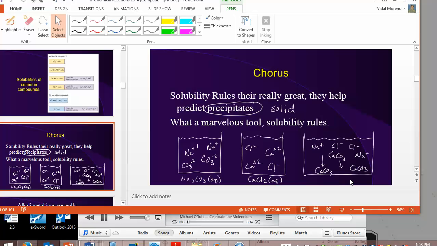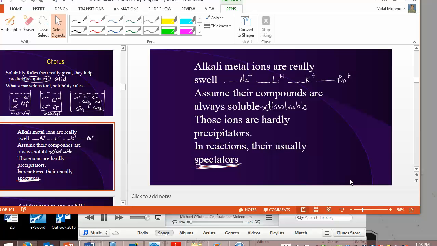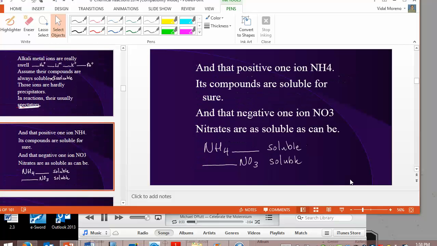Solubility rules, they're really great. They help predict precipitates. What a marvelous tool. Solubility rules. Alkali metal ions are really swell. Assume their compounds are always soluble. Those ions are hardly precipitators. In reactions, they're usually spectators.